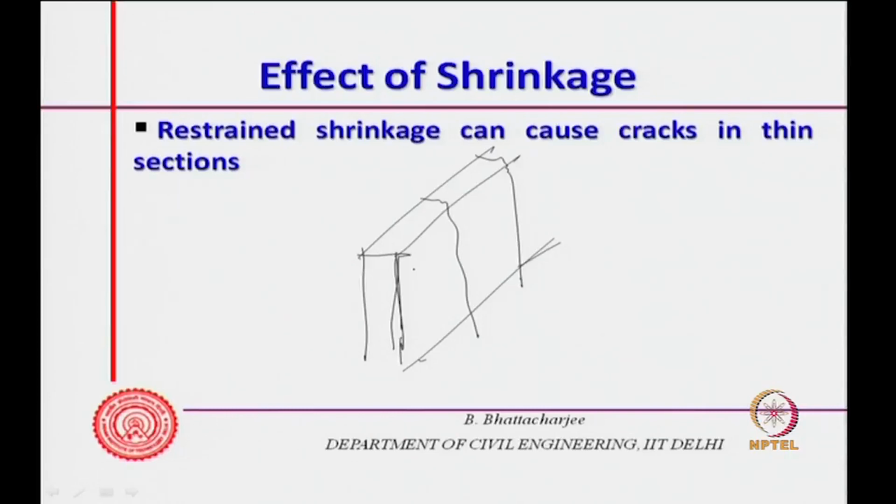This is not uncommon in a thin section, something like 200 to 300 thick at the bottom, because if you remember, we said it depends upon the volume to surface area ratio.